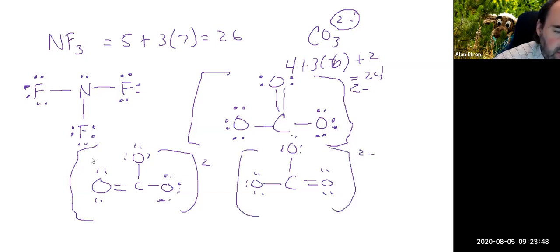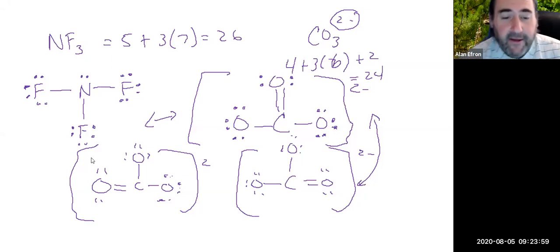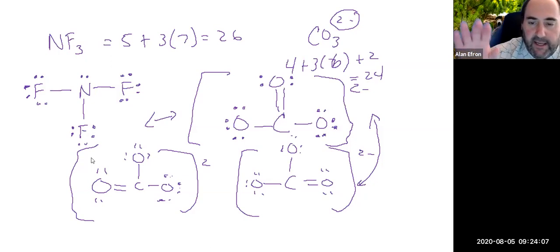And all three of these structures are what are sometimes referred to as resonance structures, which are usually represented by double-headed arrows in between them. They're resonance structures because those double bonded electrons are delocalized and they're sort of moving around.